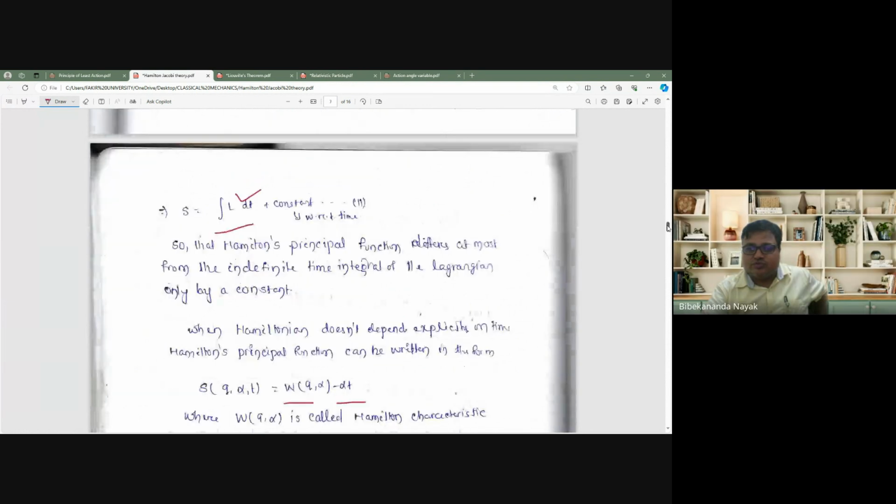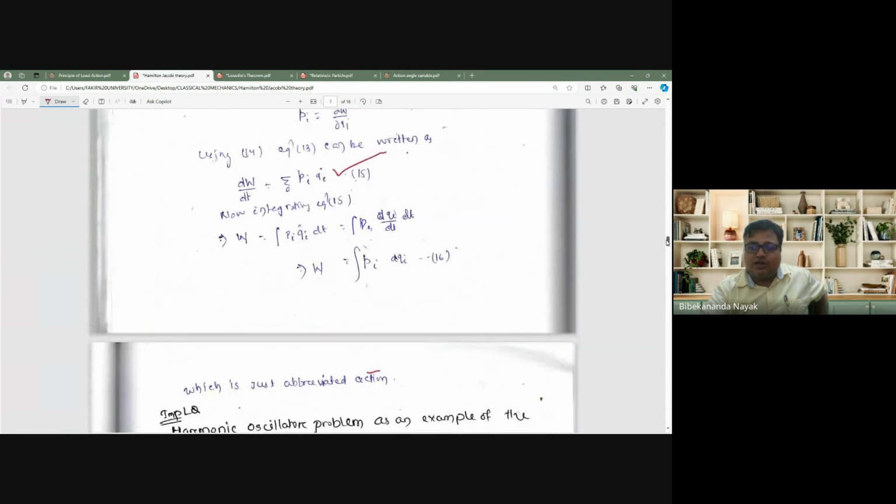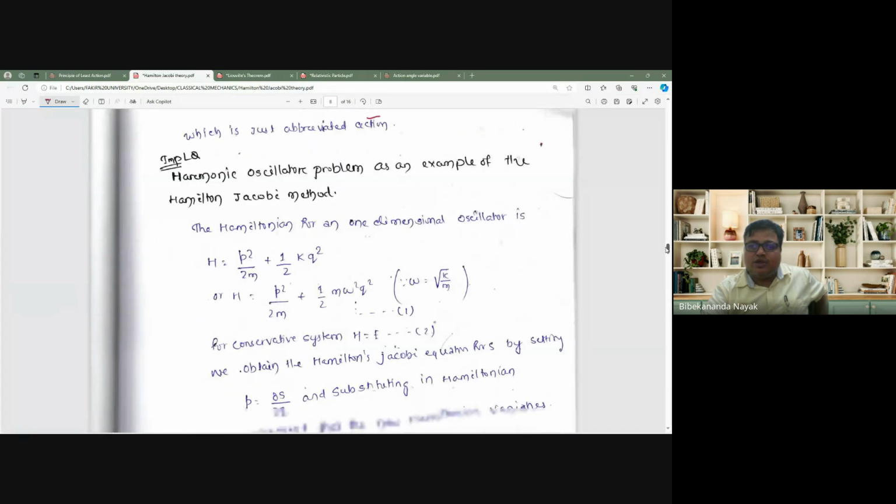But it's important that you solve many problems by using this method, the Hamilton-Jacobi method. For example, the harmonic oscillator is particularly written in the syllabus to be solved in many ways. One way is you can solve this harmonic oscillator problem by using the Hamilton-Jacobi method.